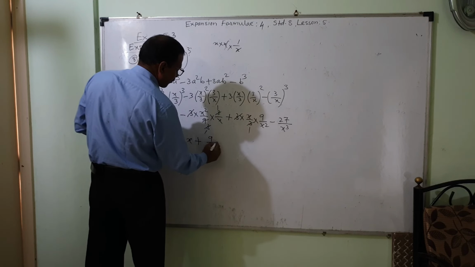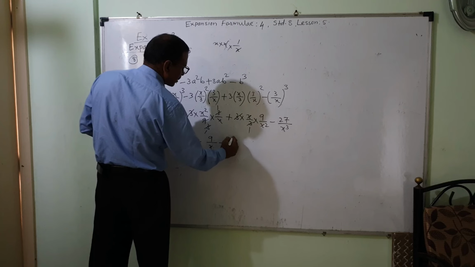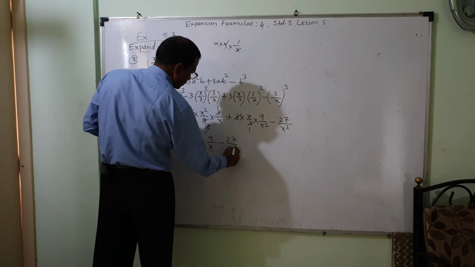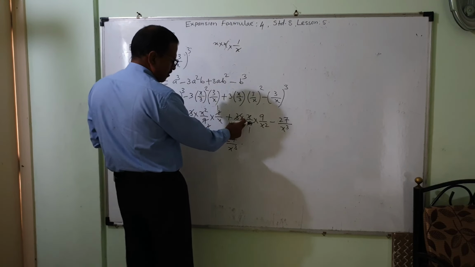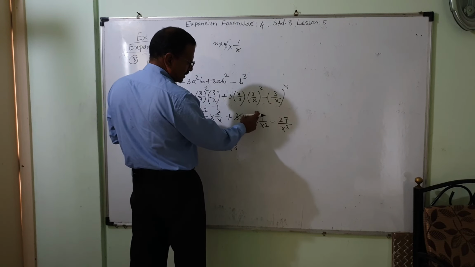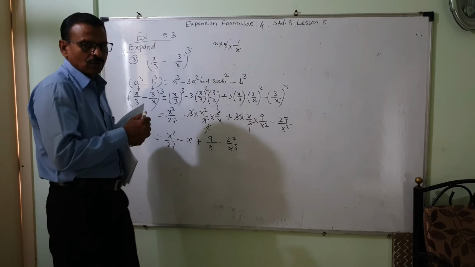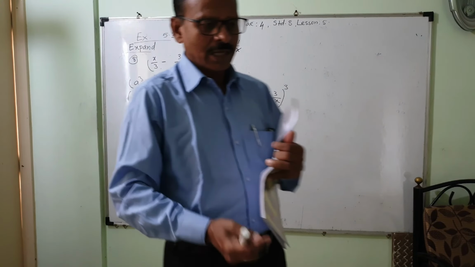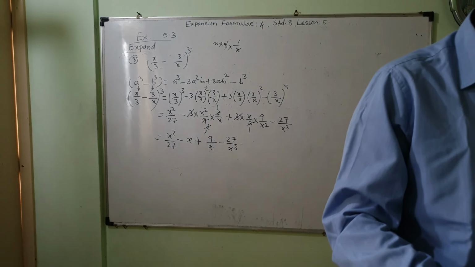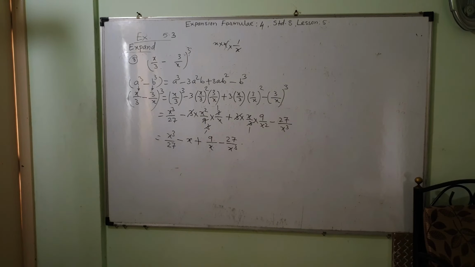So 9/x minus 27/x³. This you have understood. This is x and this is 9/(x·x), 1x will get cancelled. So hope that you have understood this, and here I will stop this exercise. Remaining sums you will do yourself. Goodbye.